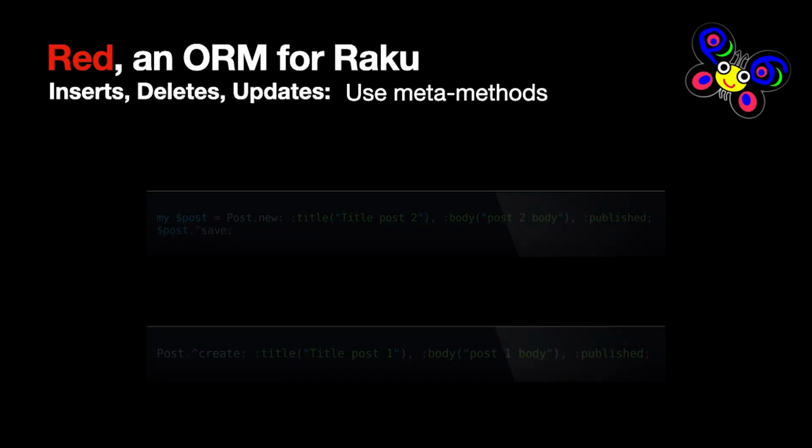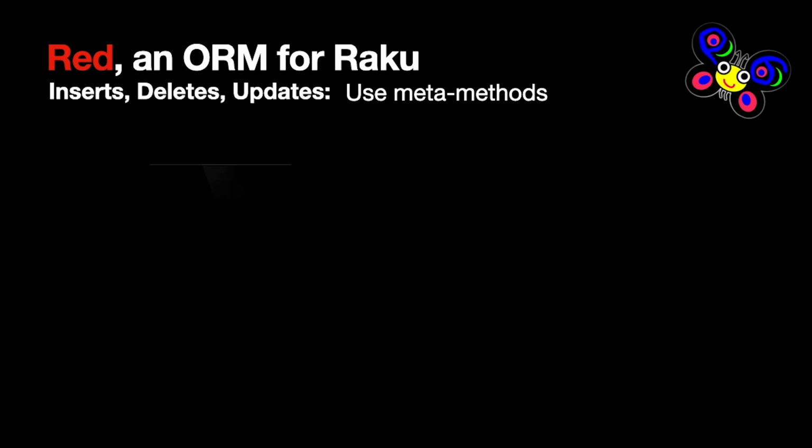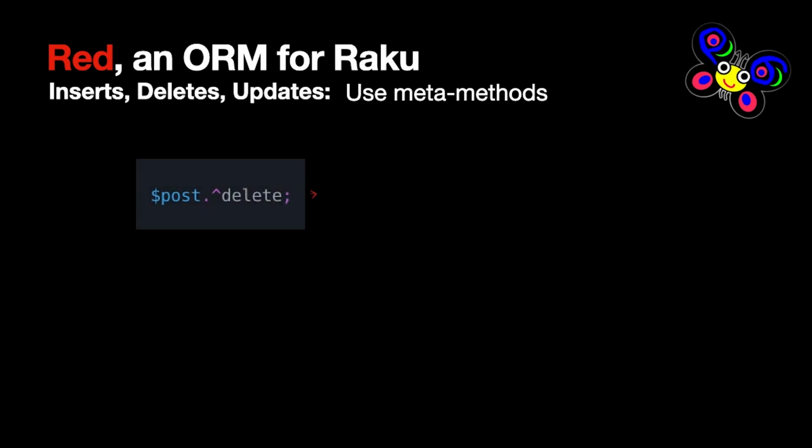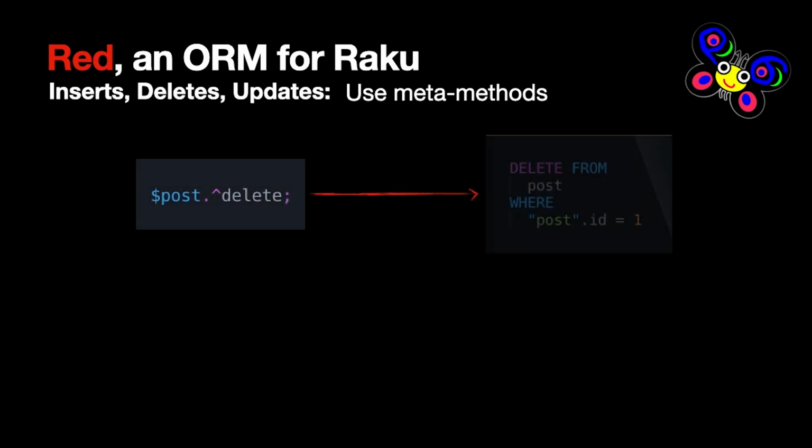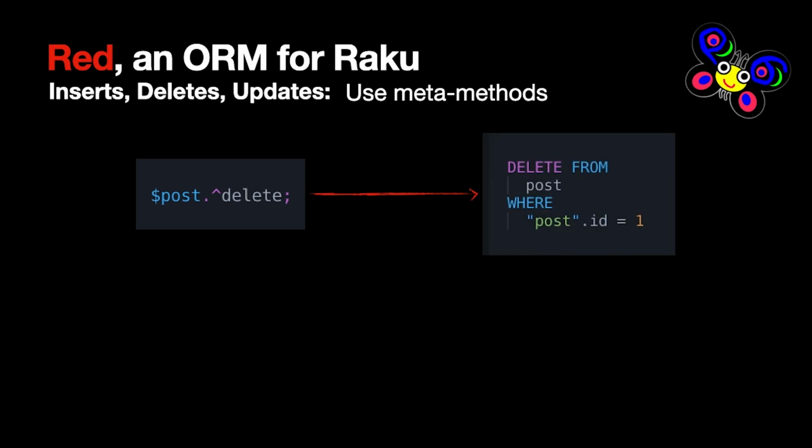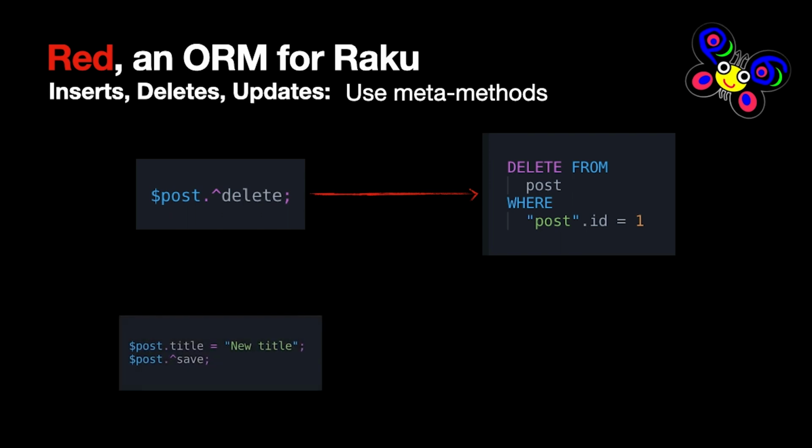For deleting an object, it's just the case of calling the delete meta method. It will run that SQL delete query. For updating it, just change the value of what you want and save it.